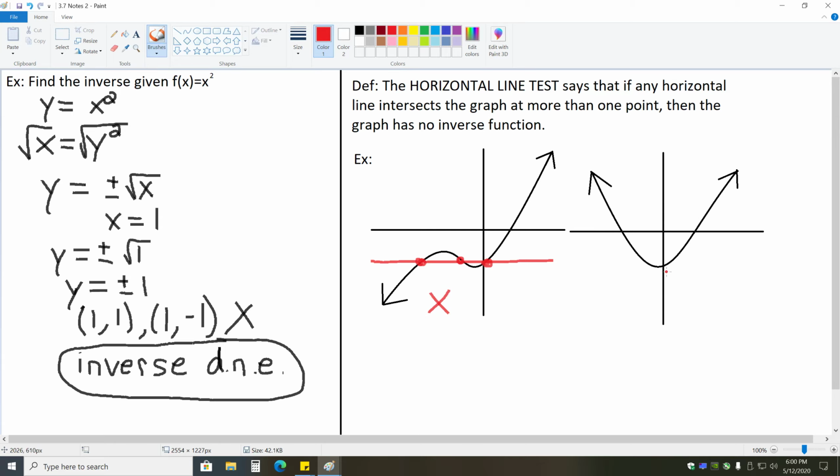Now take a moment, see if you can decide whether this function has an inverse. Okay, so trying this together, hopefully you notice that if you take this horizontal line, or any of these horizontal lines except at the very bottom, they will always intersect at 2 points, which means this graph also does not have an inverse function.